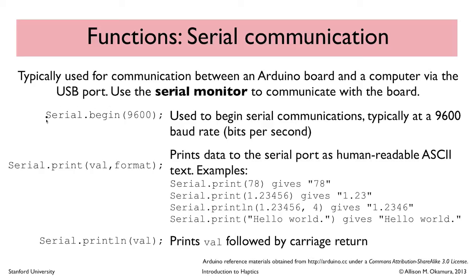So one function that you always need to run in your setup function is the serial.begin command. You can command that this serial communications occur at a certain baud rate, which is bits per second. This is the typical one, and so this exact line here can just be placed into your code right in the setup function, and you only have to run this once to set it up for that entire sketch.